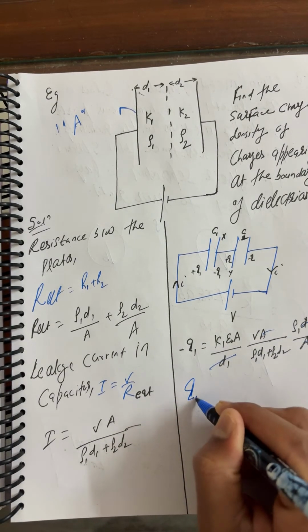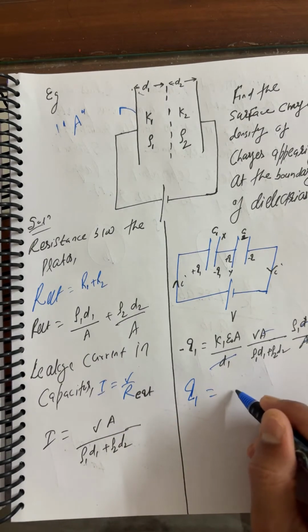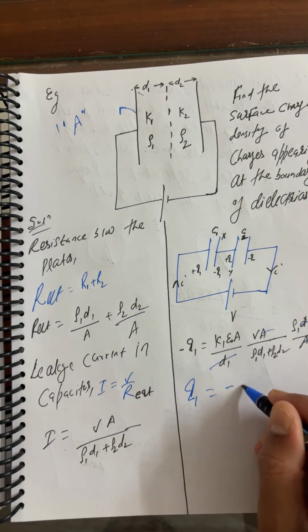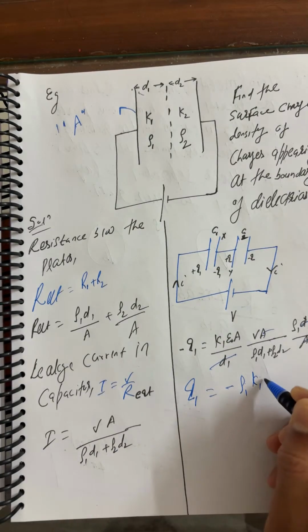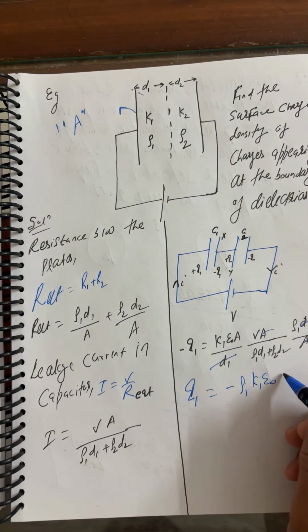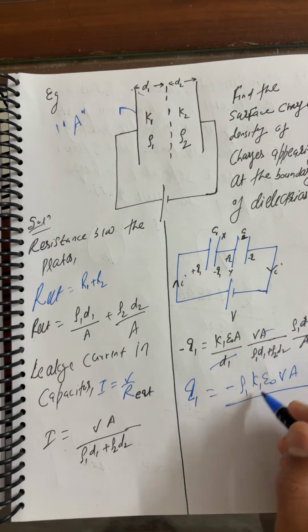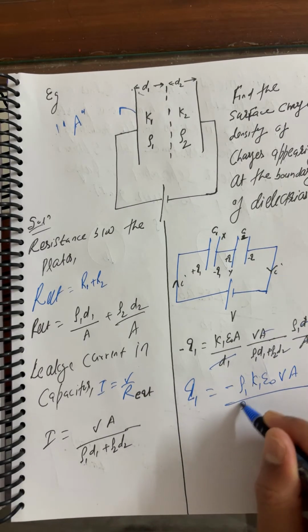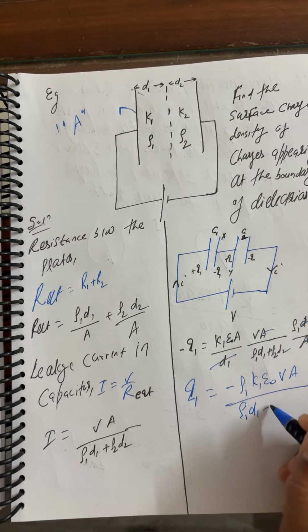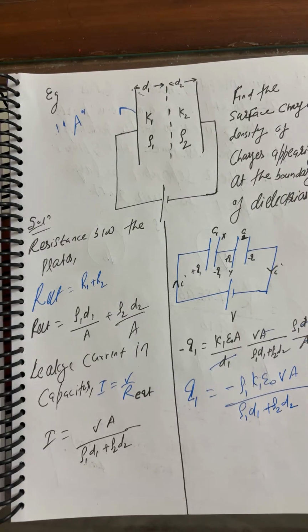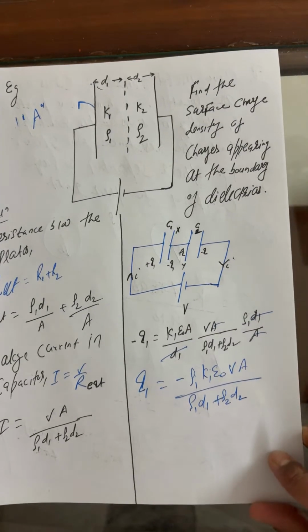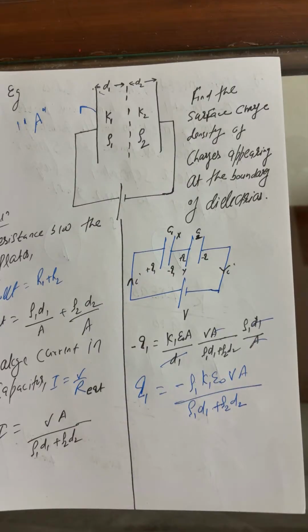So Q1 you can write as minus rho 1 K1 epsilon naught V into A upon rho 1 D1 plus rho 2 D2. Okay, fine. So here we got the charge on plate X.